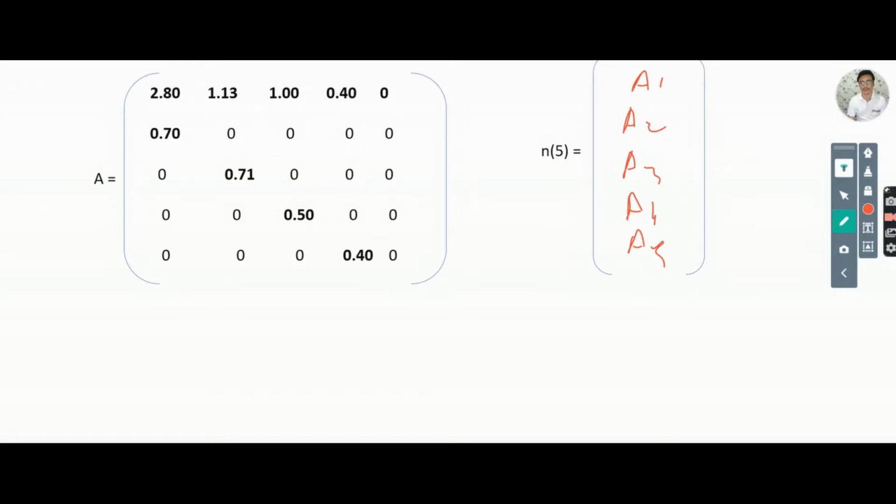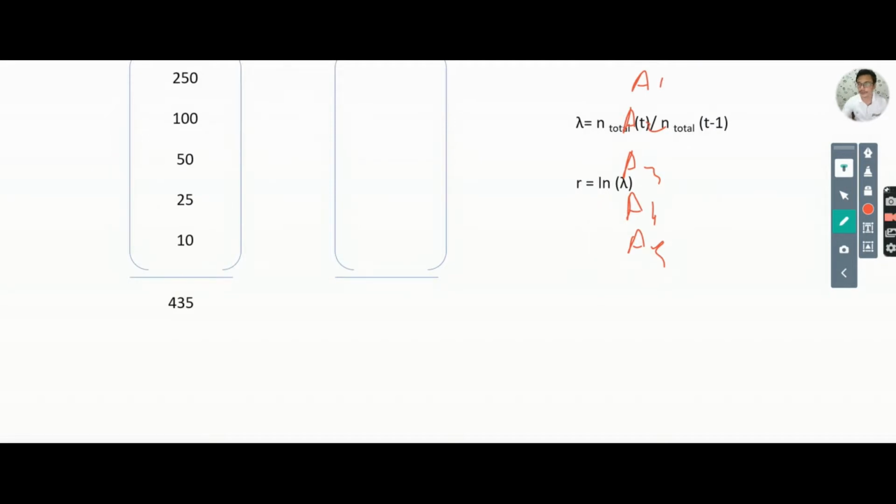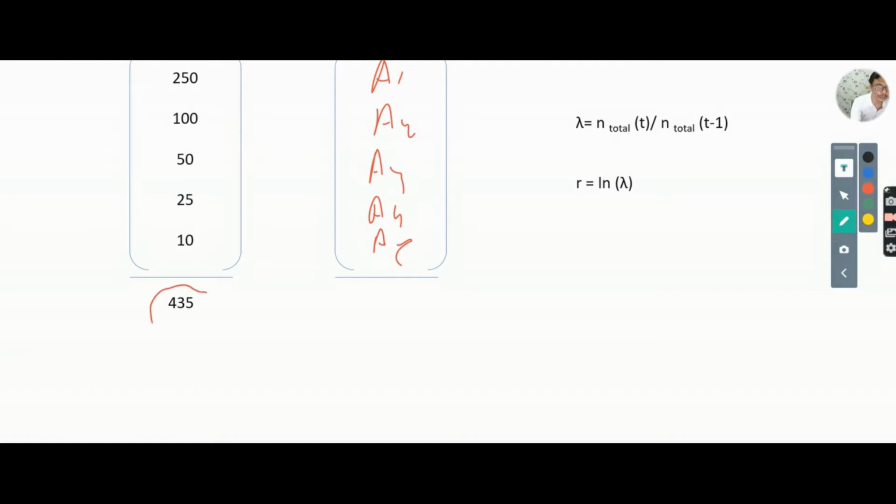Then again, see the earlier vector, what you got. You make a total of the first one, N naught, N0, and NT, you are getting this one. So this is N0, and this, suppose, is A total.